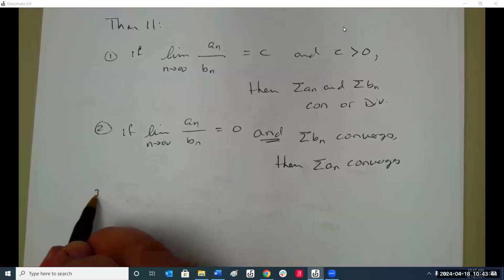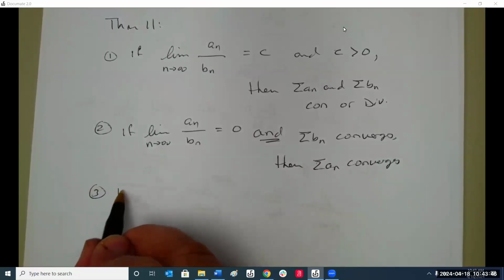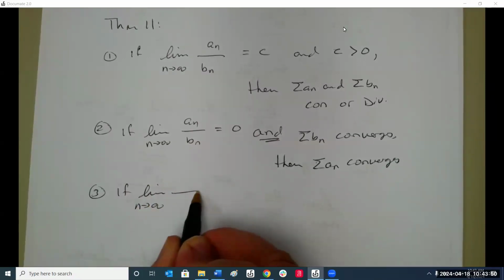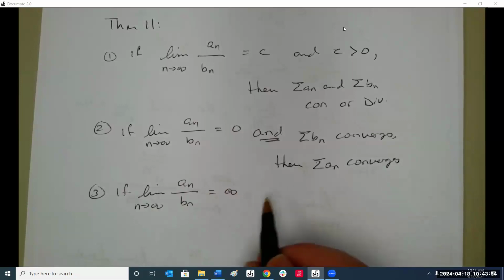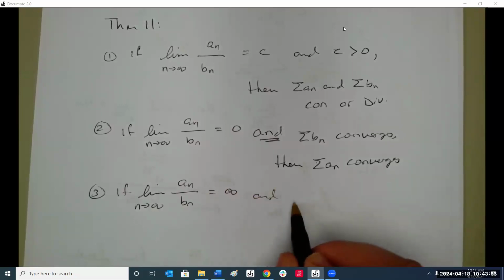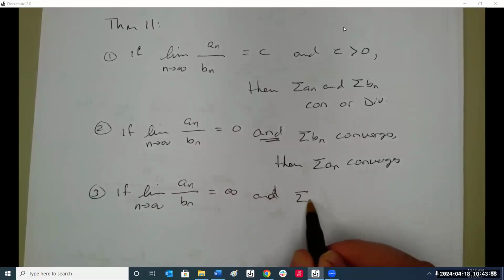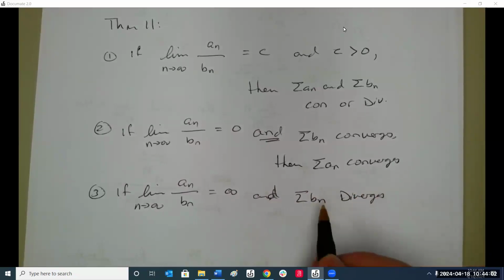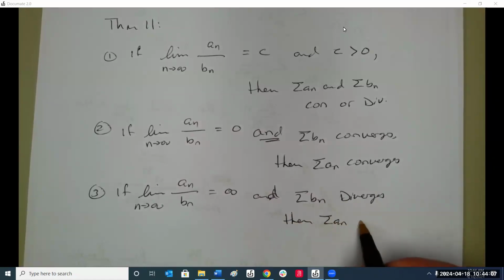If the limit of a sub n over b sub n equals infinity, and the summation of b sub n diverges, then a sub n diverges.